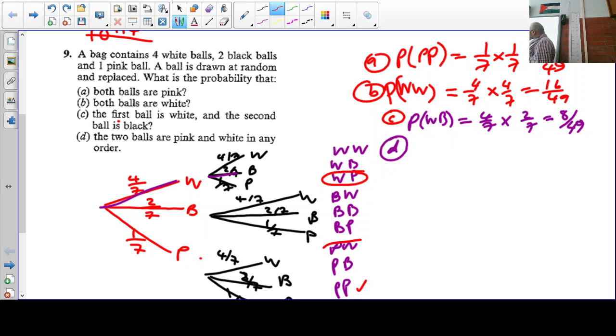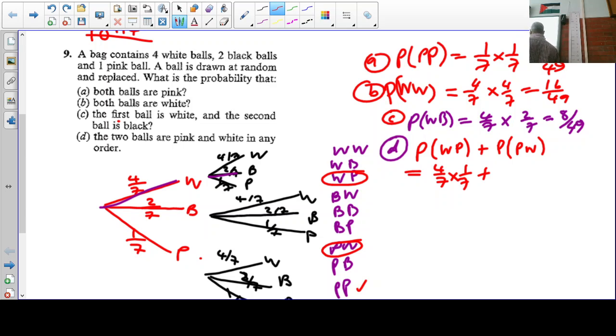Or pink and white, which is that one. So in other words, this will be the probability of white and pink plus the probability of pink and white. So here, the order doesn't matter. Do you guys understand? So the probability of white is 4 out of 7 times followed by pink is 1 out of 7.